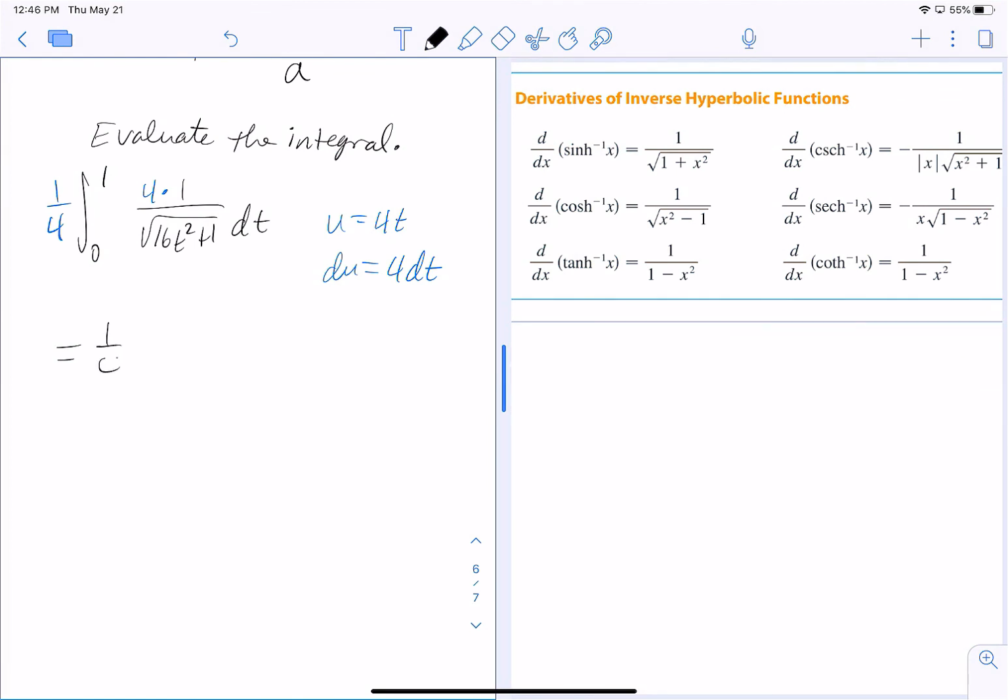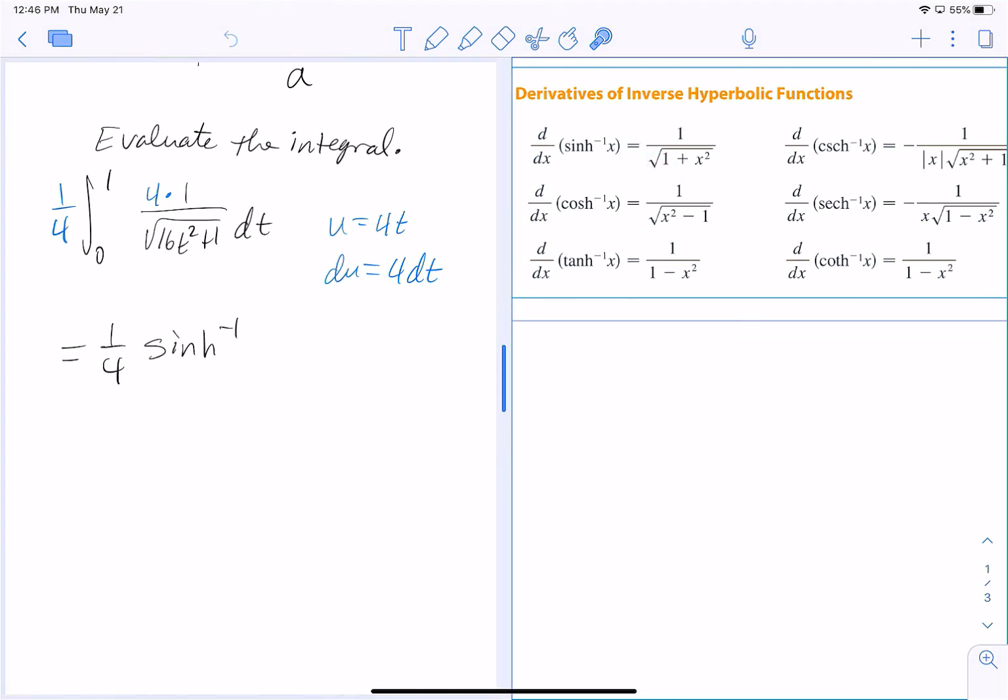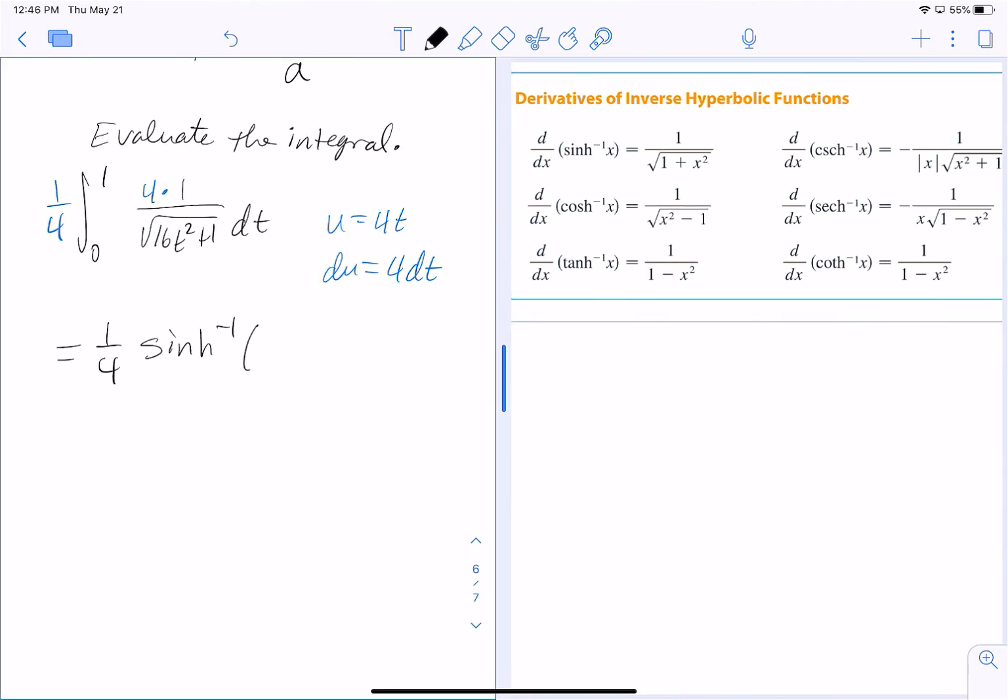So we end up with 1/4 times the inverse hyperbolic sine, because that's the pattern that we met up with over here with the derivatives, of u, but u is 4t. And that will be evaluated from 0 to 1.